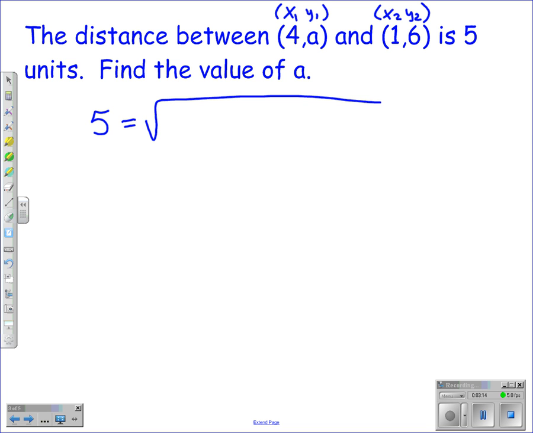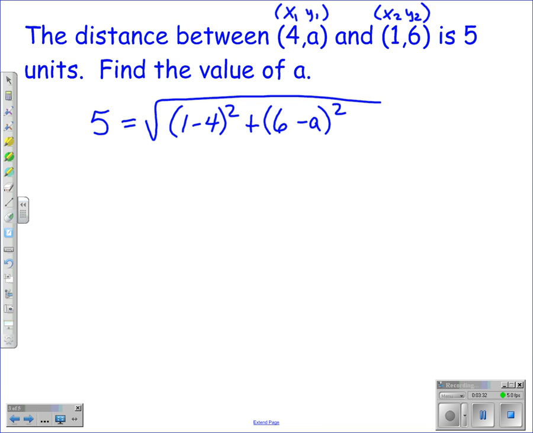So I'm doing 1 minus 4, quantity squared, plus our y's minus each other, so 6 minus a, quantity squared, and then the square root of all of that.